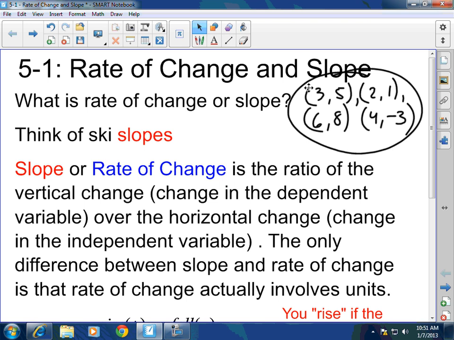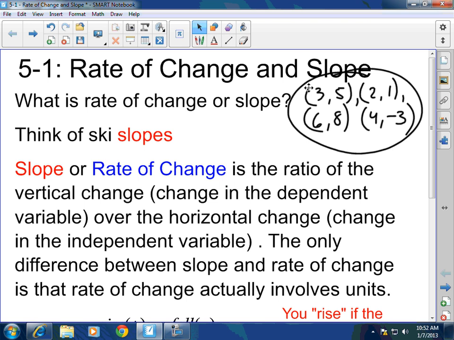The difference between the rate of change and slope is simply that rate of change uses actual units. And we'll talk about that in a second. Now, when we're thinking of a slope, guys, think about ski slopes. Hey, we're going to go hit the slopes.